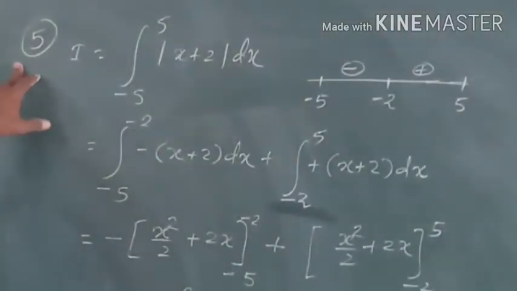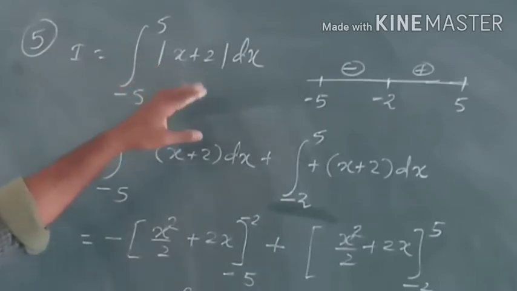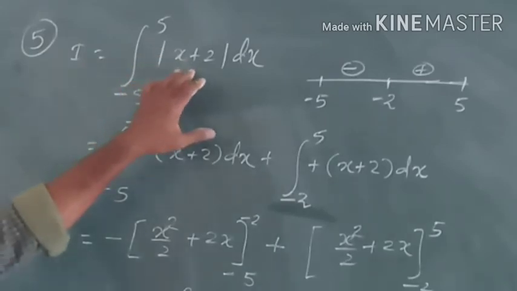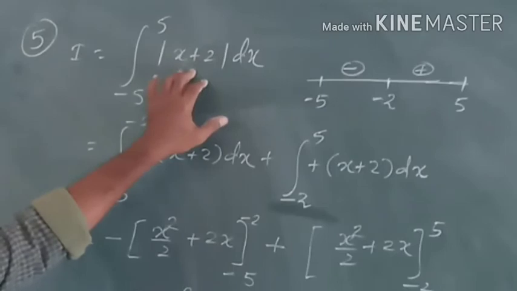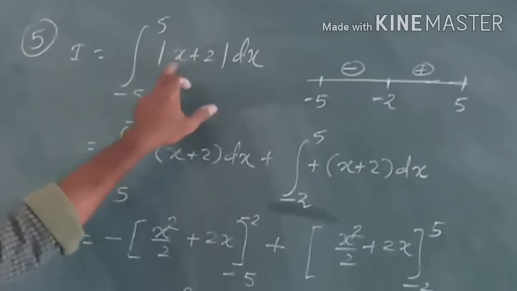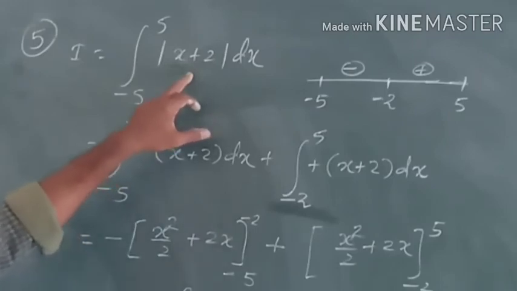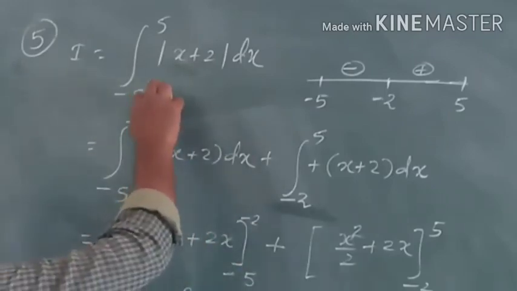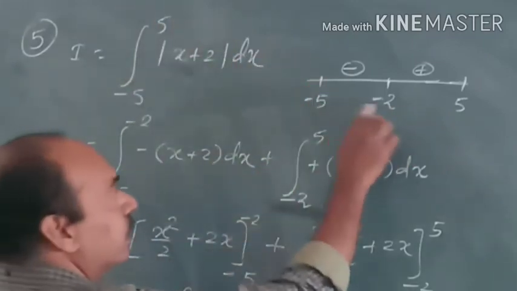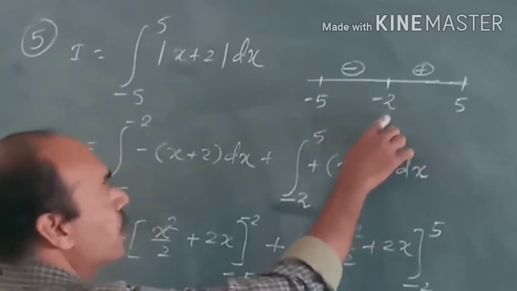In question number 5, integral I from minus 5 to plus 5 of mod of x plus 2 dx. Since here mod of x plus 2 is 0 at x equal to minus 2, and our limit is minus 5 to plus 5. So let's see here, minus 5 to plus 5 and this is minus 2.